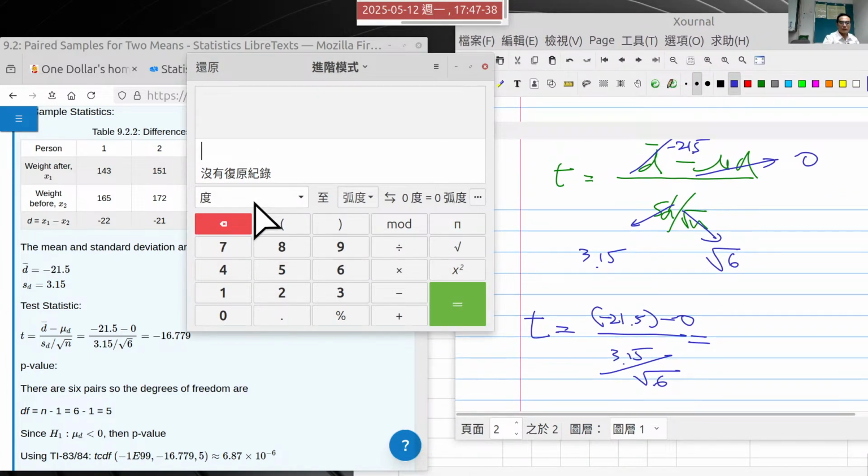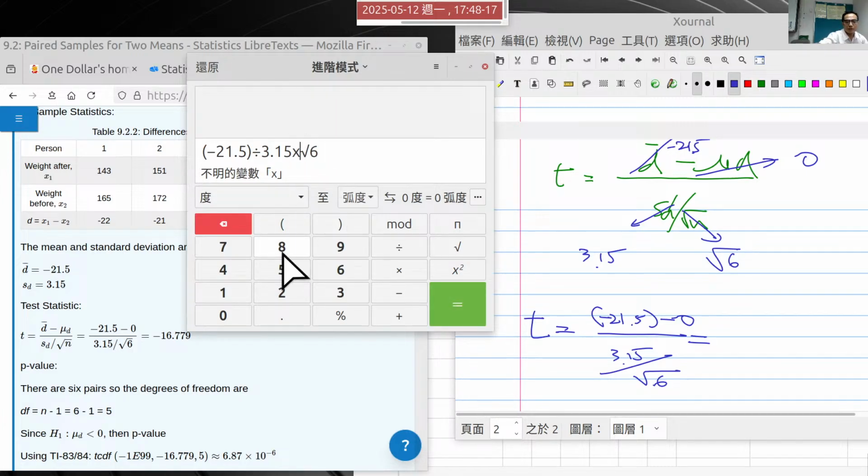Okay. Minus 21.5 divided by 3.15. And here is a tricky part, because the square root of 6 is in the denominator of the denominator, and now it becomes a numerator, times square root of 6, and click OK.